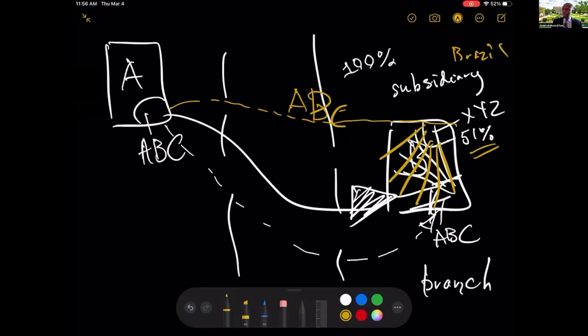What's the benefit of this? What is the benefit of using a subsidiary, or let's say buying 51% of a Brazilian company? If this is a Brazilian company originally, and you buy 51% of that, it effectively becomes your company. But why would I do that?